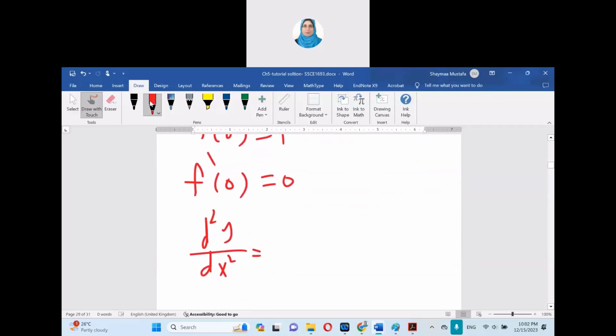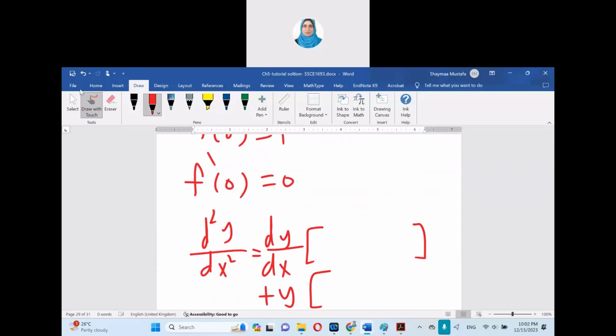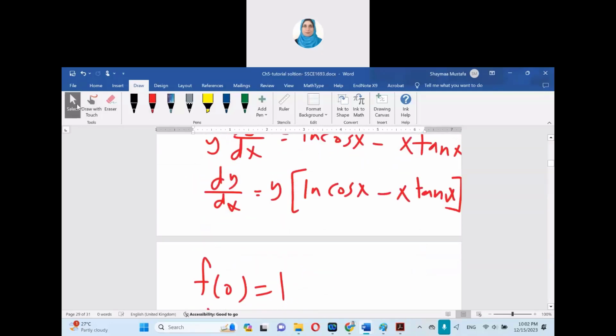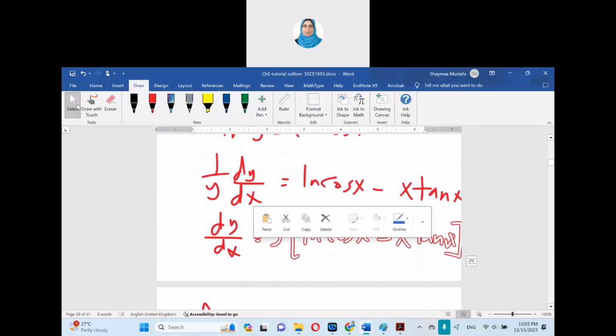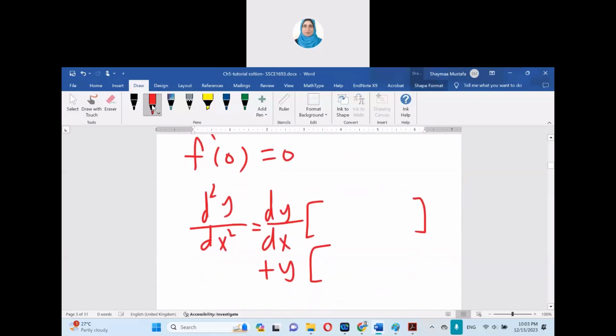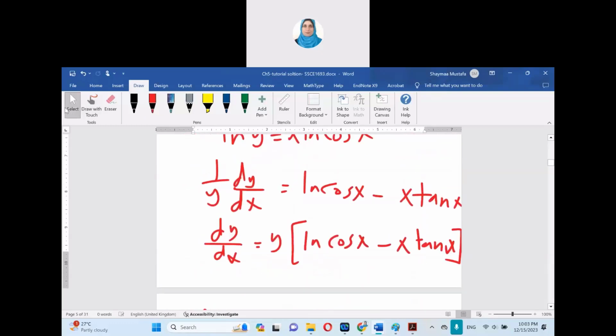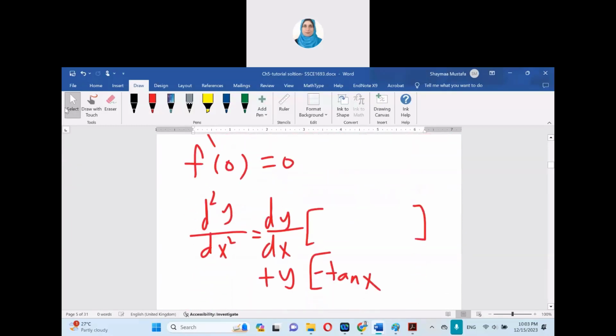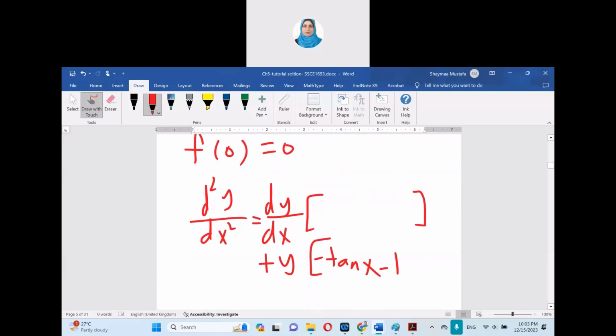The derivative of y is dy dx multiplied by this bracket, plus y times the derivative: the derivative for ln cos x is minus tan x, minus x tan x gives minus tan x again, and minus x sec squared x.